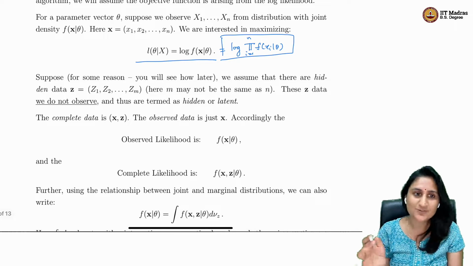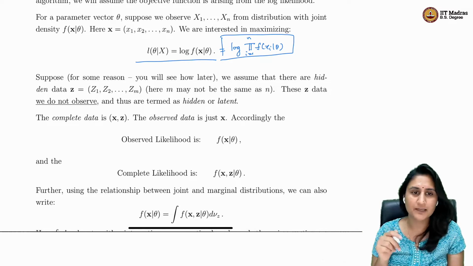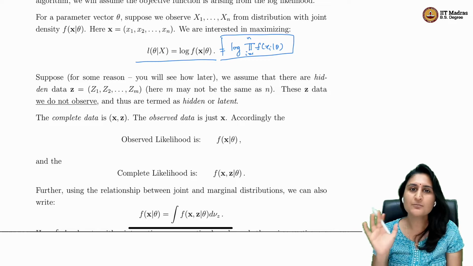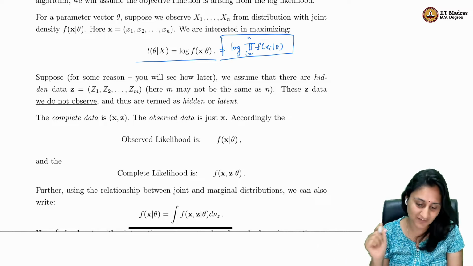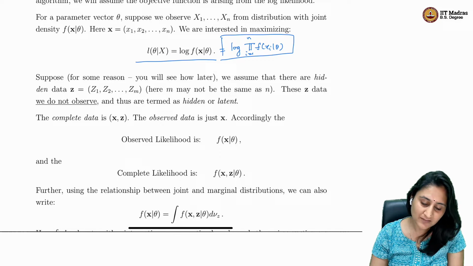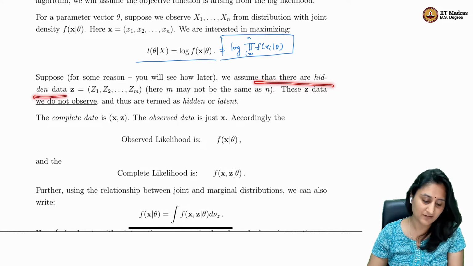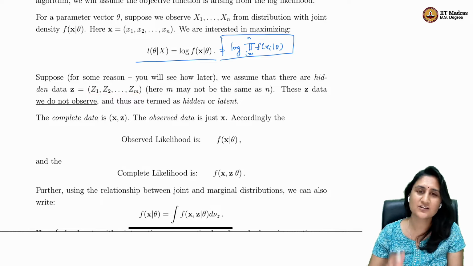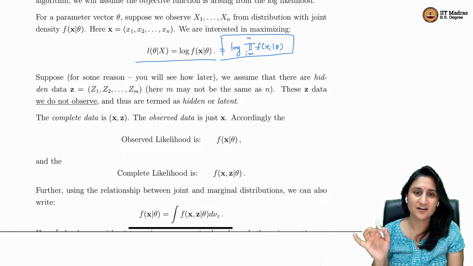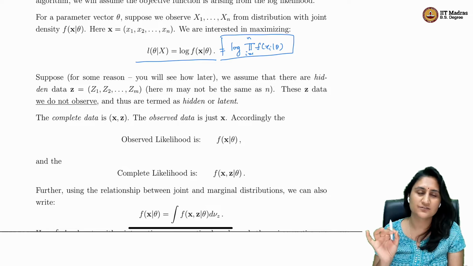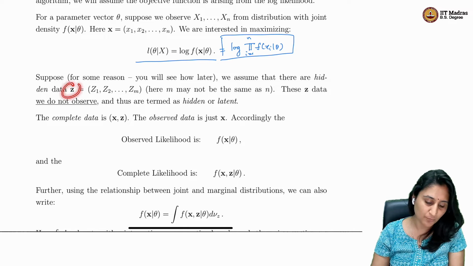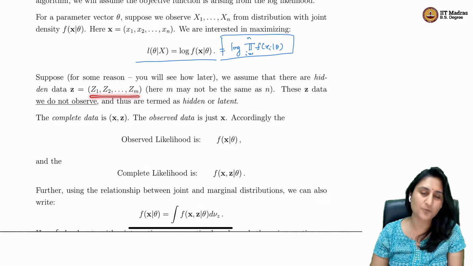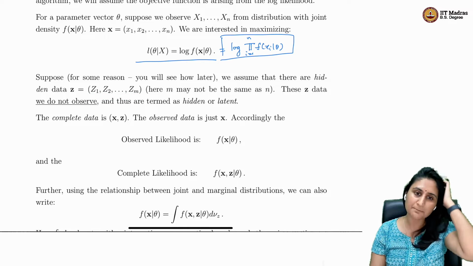Now suppose, and this is really where it gets a little complicated, but suppose for some reason, and you will see why this will happen later, we assume that there are hidden data z1 up to zm. So there are some hidden data that we will not observe, and those I denote by bold z, which is composed of observations z1 up to zm.